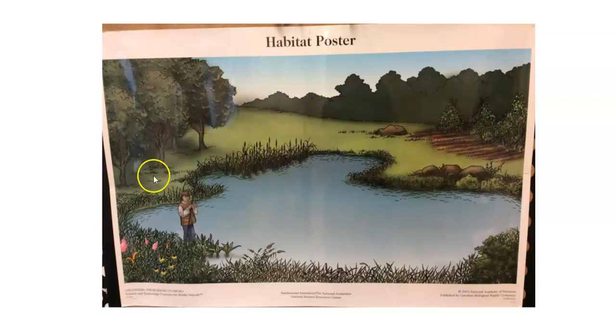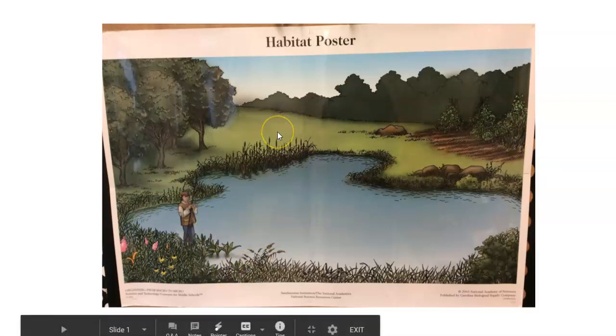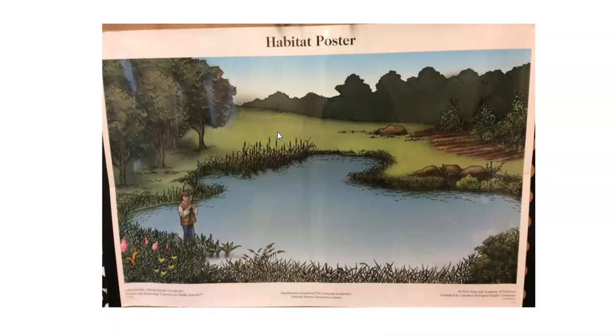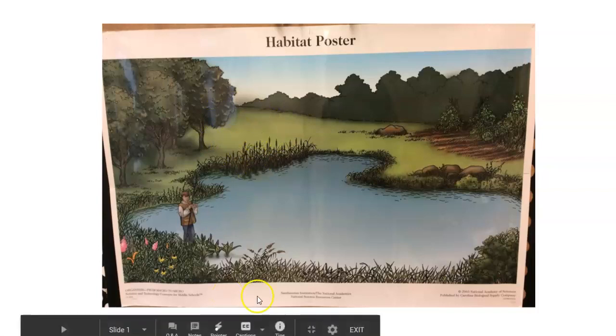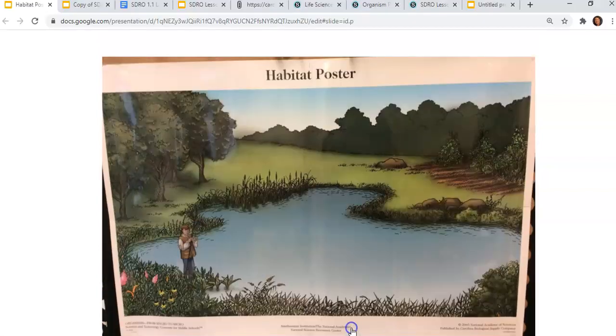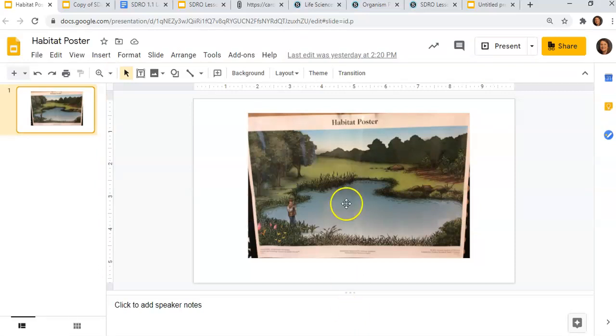As you can see, this is a habitat like you might find around the area where we live, around Oakman or in Walker County. You have some forested areas, a garden, a pond, and there's even a man fishing at the pond. So this would be a typical type of habitat that you might find in our area. Try to choose the most suitable spot in that habitat for each of the organisms on your photo cards. And that is on the habitat poster part of our assignment.